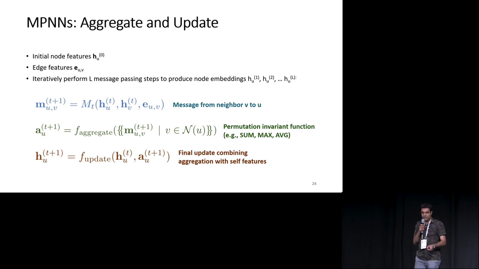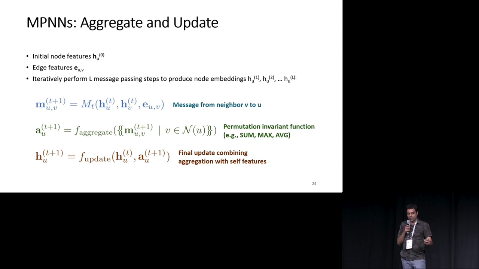You start with these initial node features, h sub u, indexed by 0. The first step is you compute this message given by m sub uv, that's in blue, which combines the node representations from the previous time step along with any edge features.